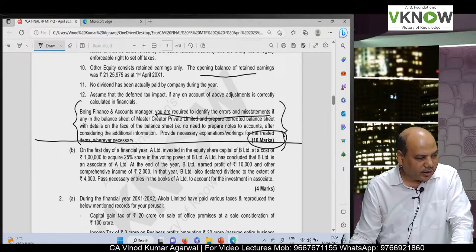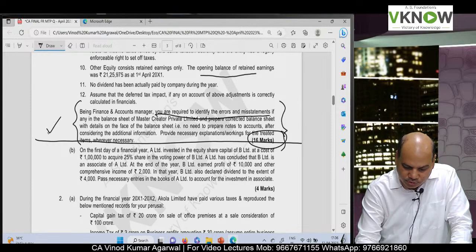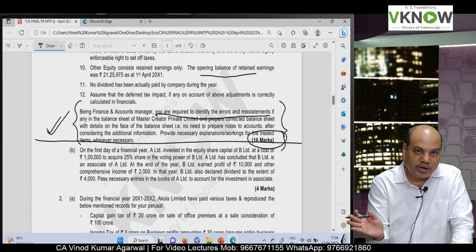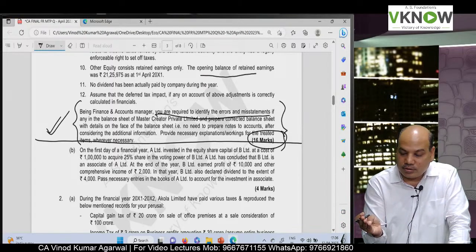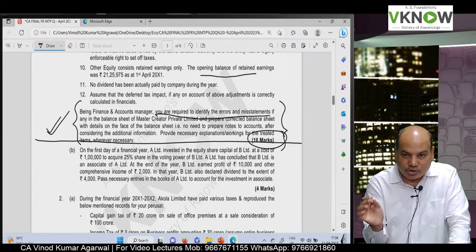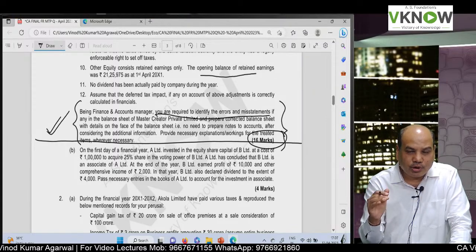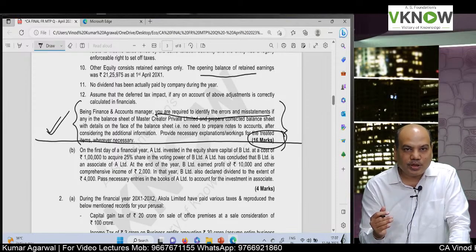So if you attend regular classes, you will be able to solve this question. But this question requires knowledge of many Ind AS. For example, Ind AS 32, which requires you to divide the debenture into liability portion and equity portion.